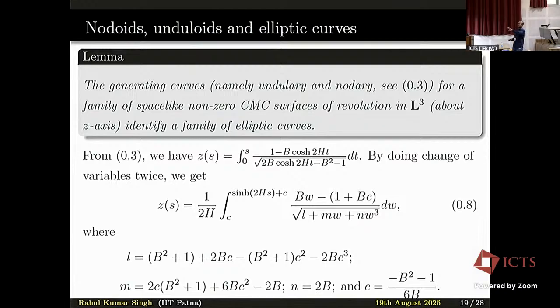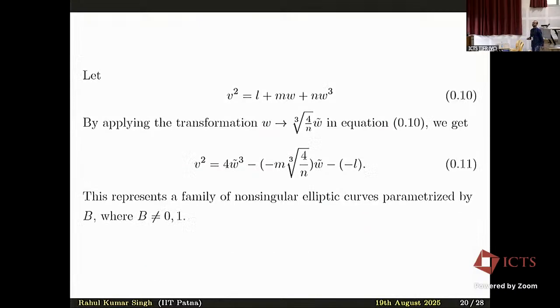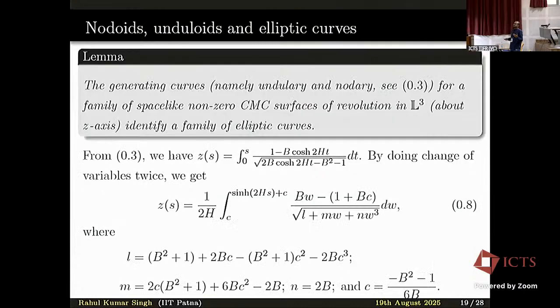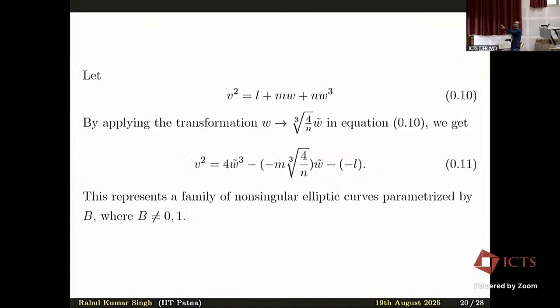There is a reason for doing such a thing, but ultimately it's just doing change of variables. We will get this. What I'm saying is that the equation which you see here is actually this when you put L, M, N there. Now we just want to put V squared is this. This is anyway going to be positive, so there is no problem there.